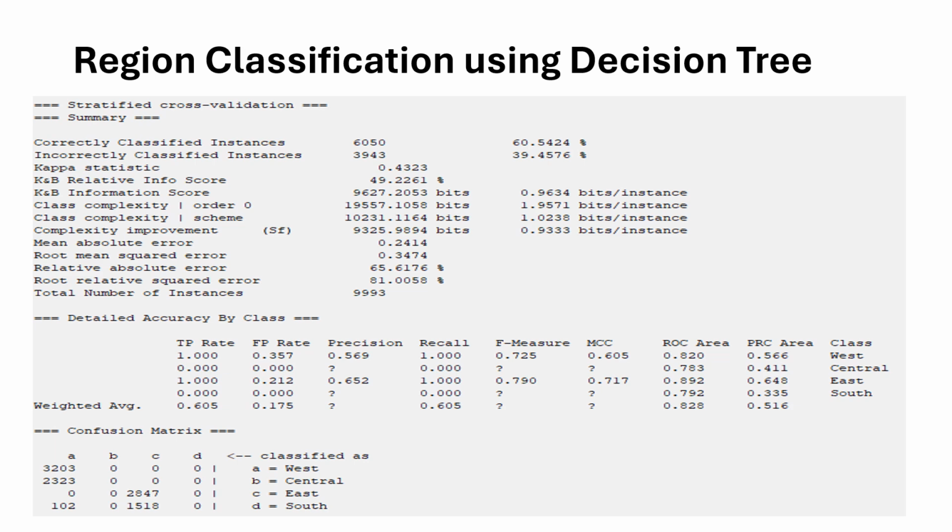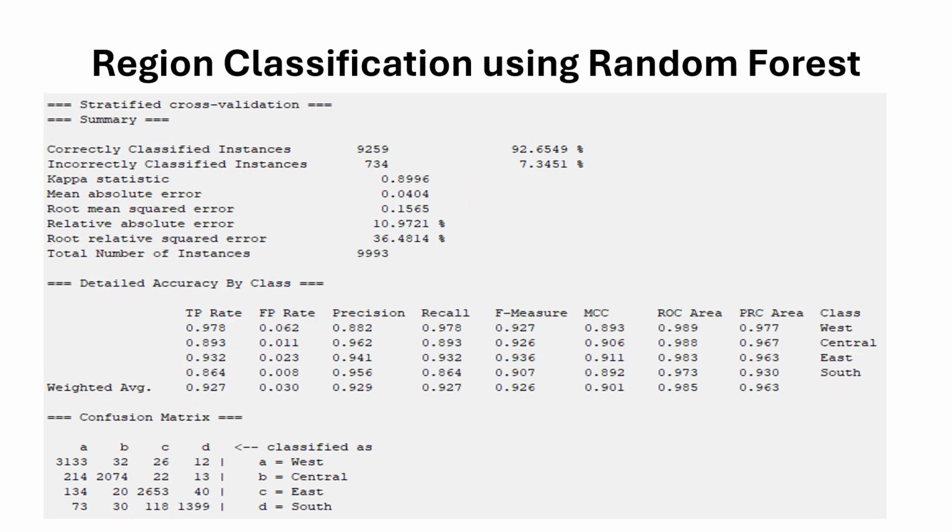In the west region, the classification is 3,203, and the south region has 102.